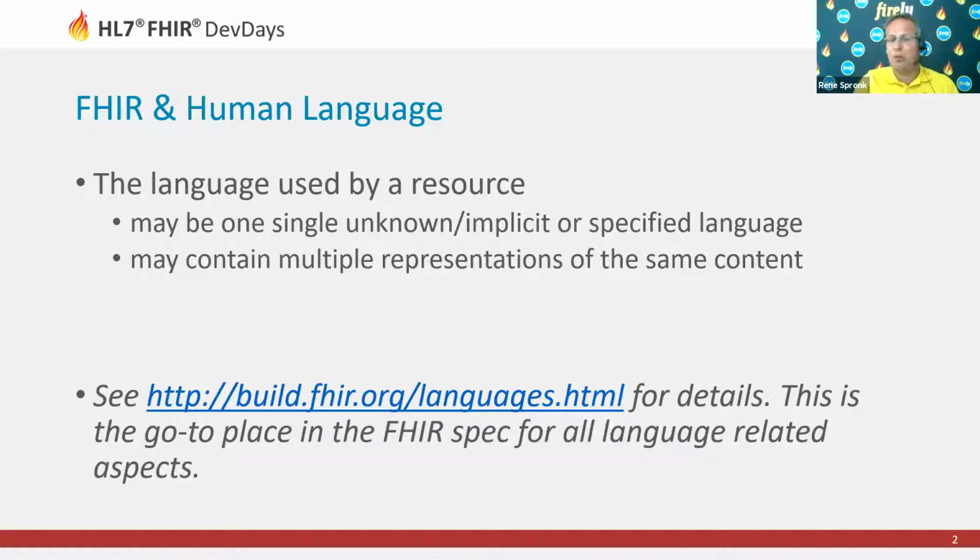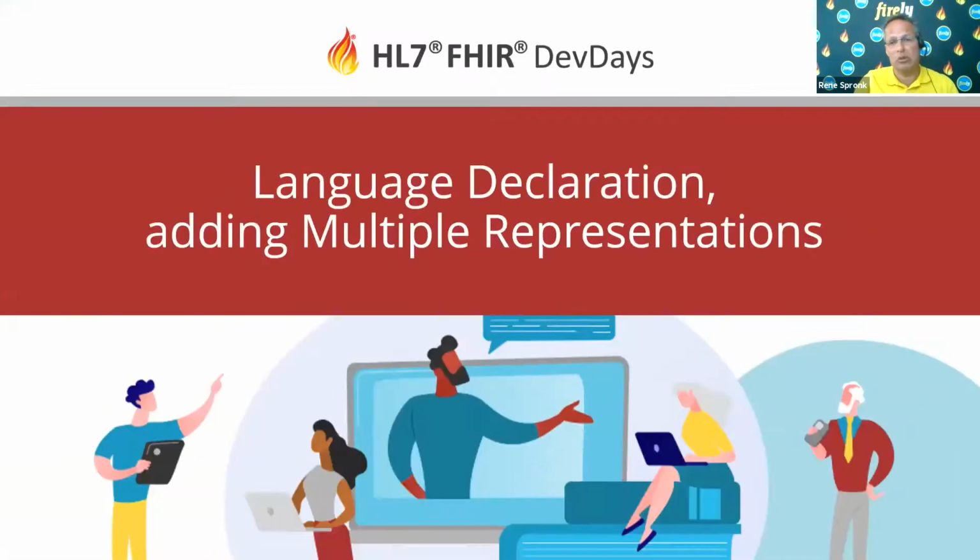If you have multiple languages, it could be that we're representing the same content multiple times in different languages, or perhaps we're expressing different things in different languages, and then we may need to add automatic translations, for example.